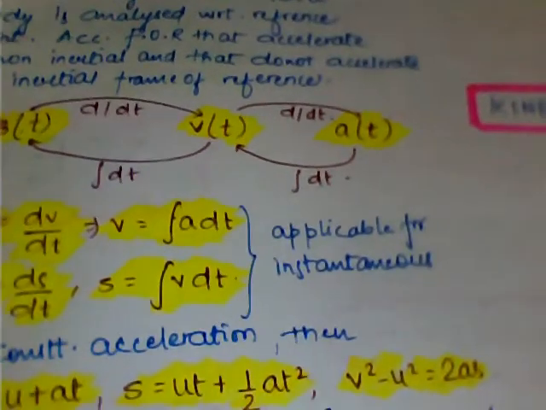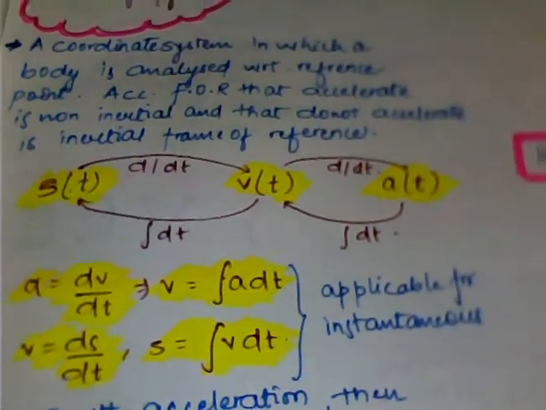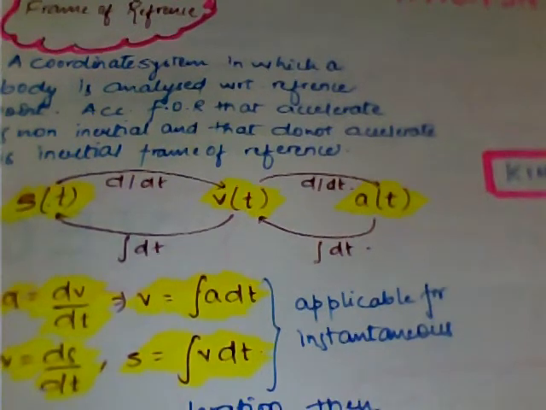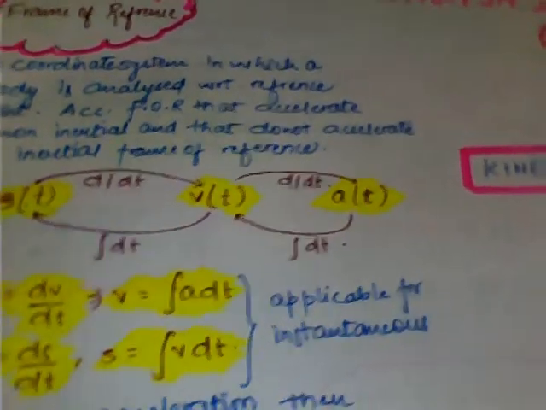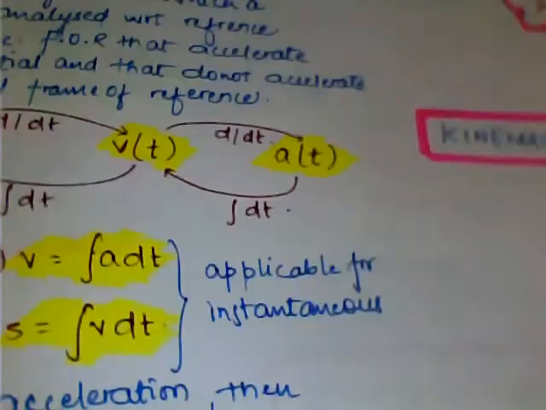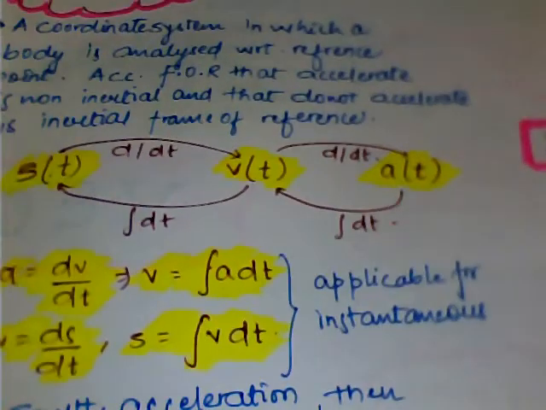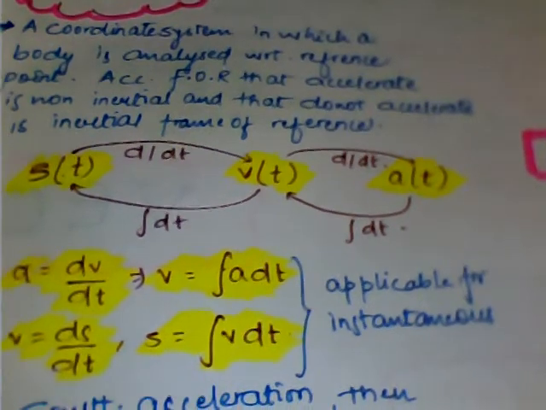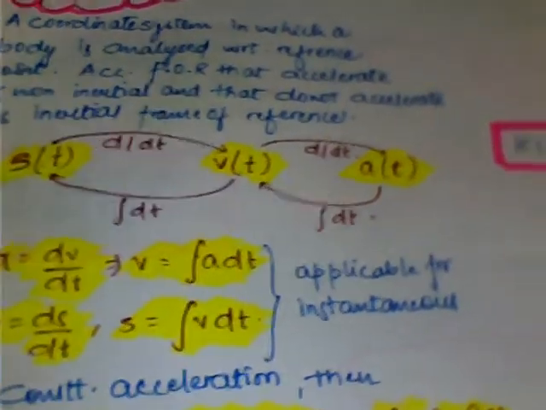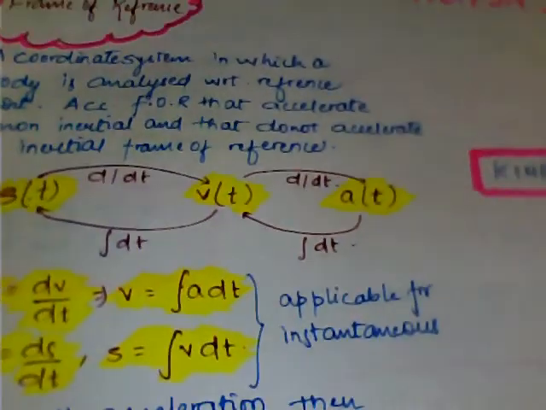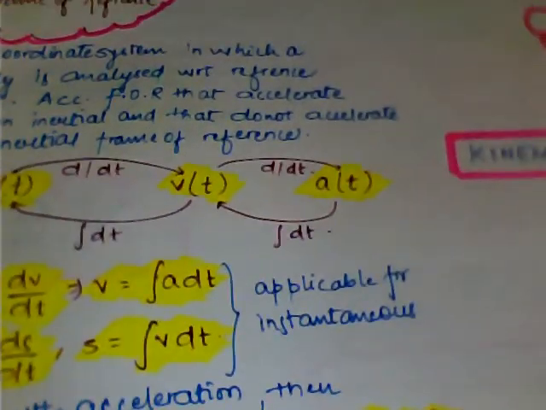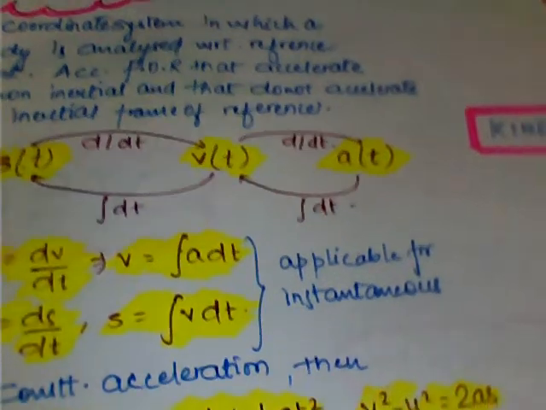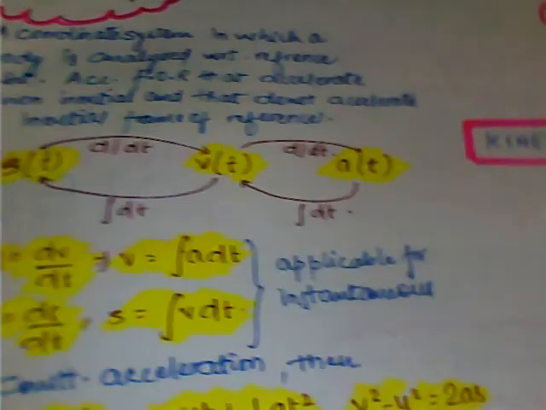Here it is given the functions s(t), v(t) and a(t). It means converting displacement into velocity, velocity into acceleration, acceleration into velocity, and velocity into displacement. For displacement to velocity we differentiate with respect to time, and for velocity to acceleration we again differentiate.